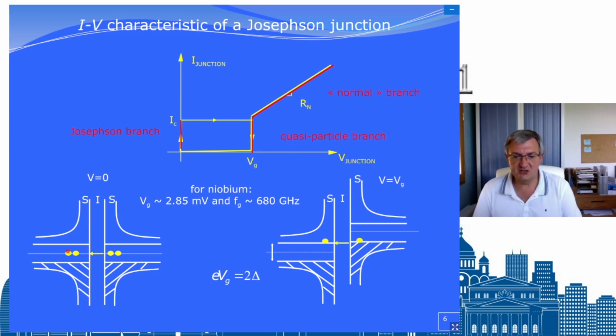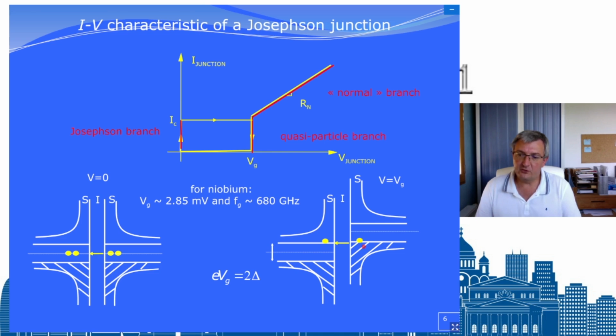If you have zero voltage, you have Cooper pairs on this Fermi level, right? And then I will answer the question just after this explanation. You have this Cooper pair current here, which corresponds to this red branch here. And if you apply a voltage, you see that the Cooper pairs cannot tunnel, at least the DC Cooper pair current doesn't exist because they are not aligned.